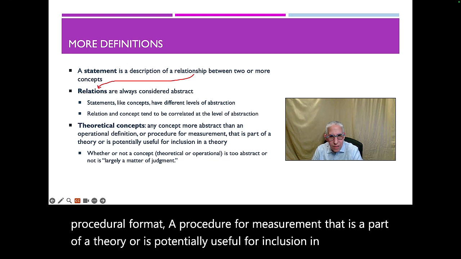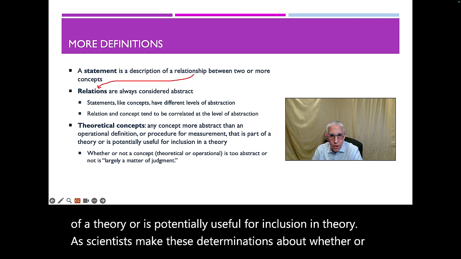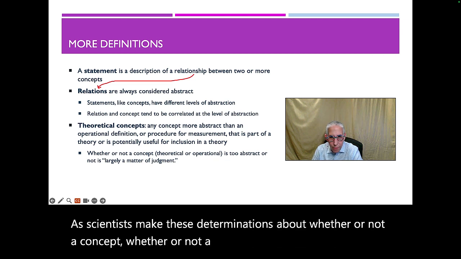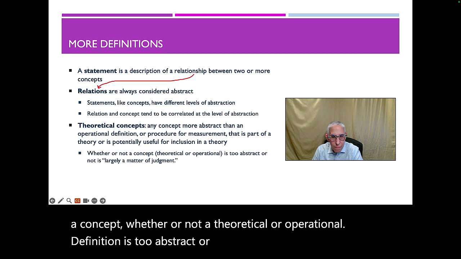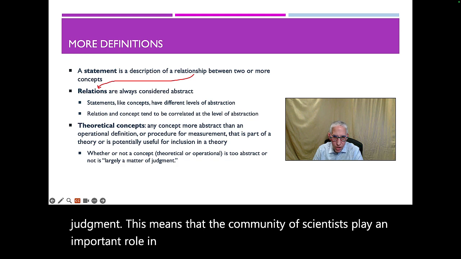As scientists make these determinations about whether or not a theoretical or operational definition is too abstract or not, this is largely a matter of judgment. This means that the community of scientists play an important role in establishing the conditions of judgment.